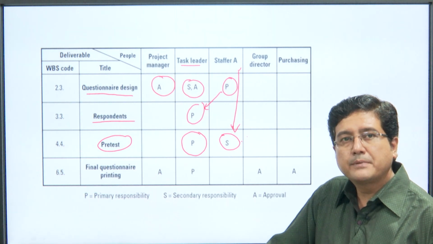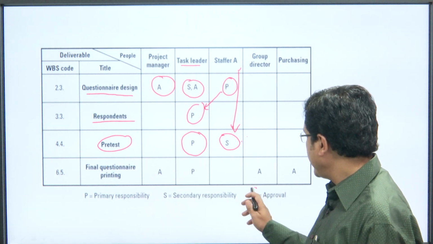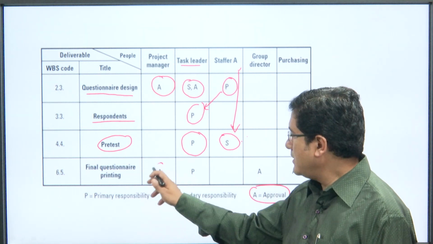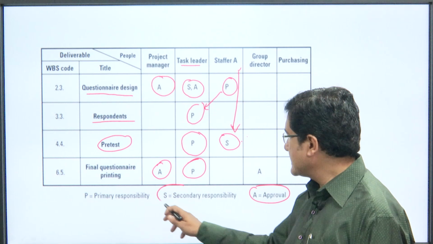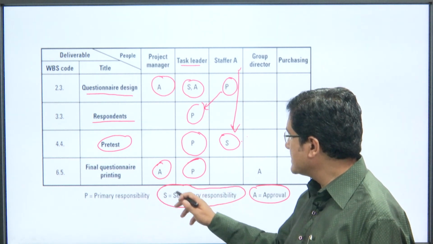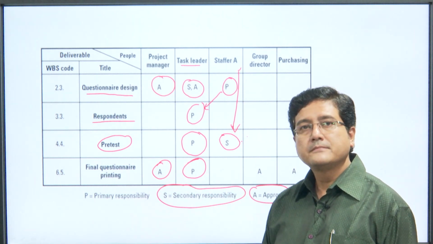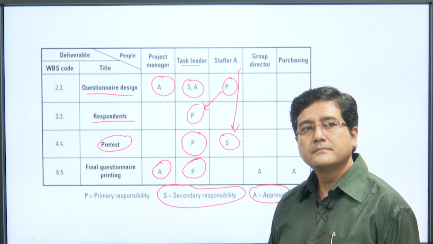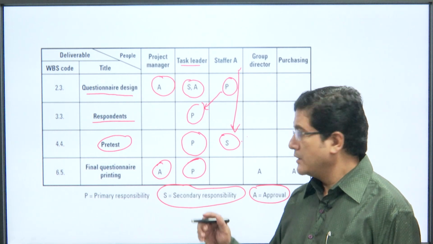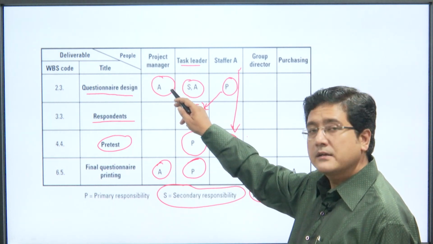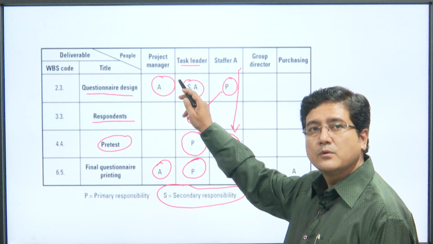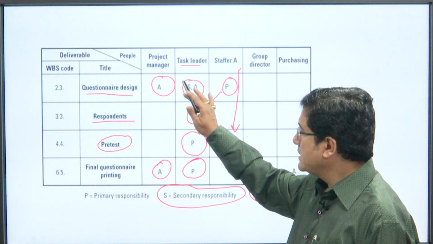Final printing: A approval, P primary responsibility, S secondary responsibility. So either you give the responsibility here or the name of the person who is responsible for that.